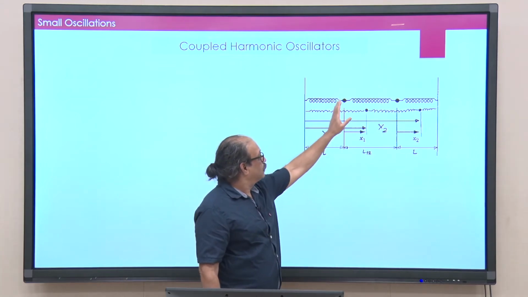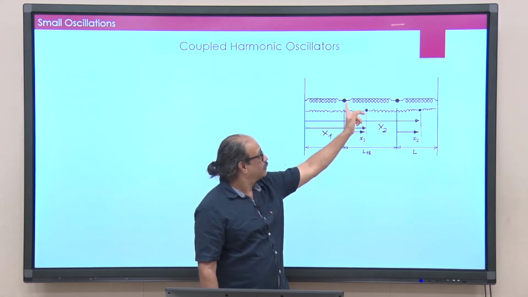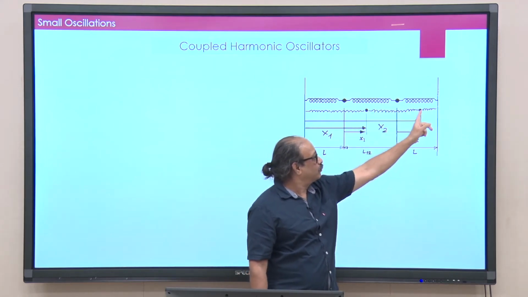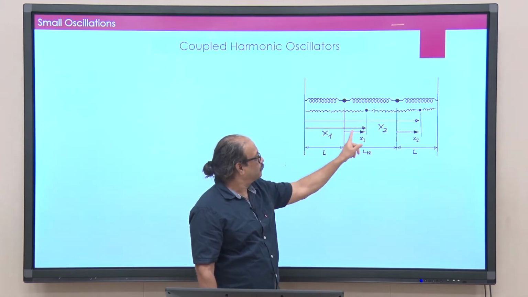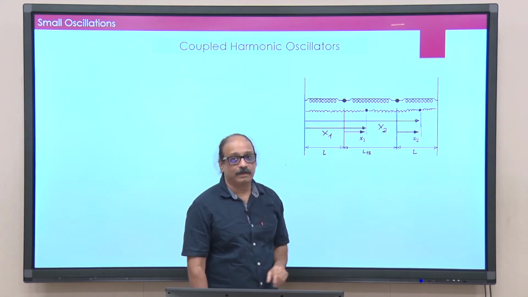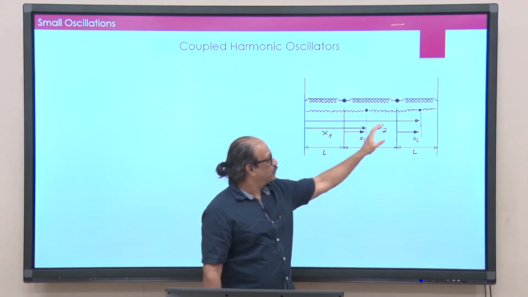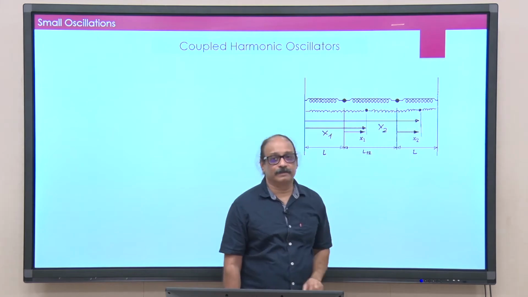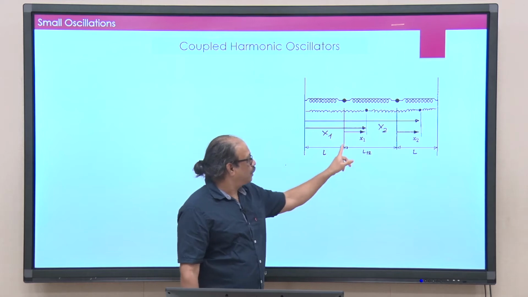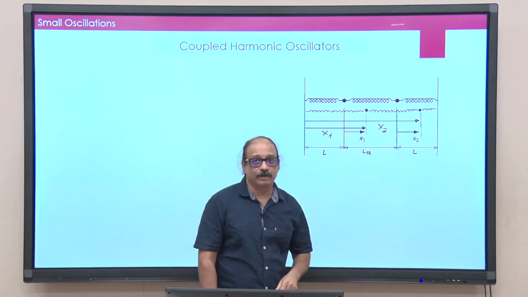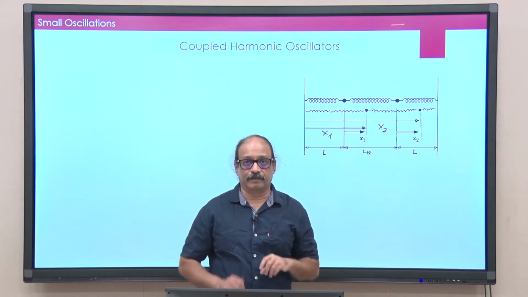When these masses move from their equilibrium position, I am going to use a coordinate x1 measured from the left edge, and x2 is the coordinate of the second bob from the left edge, and small x1 and small x2 are deviations from the equilibrium positions.